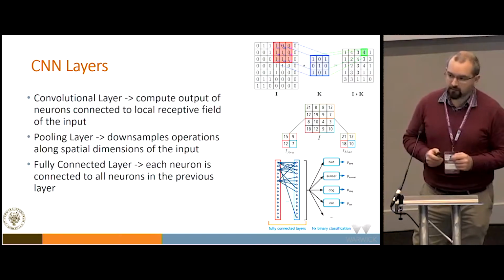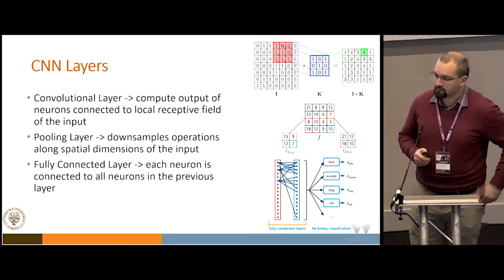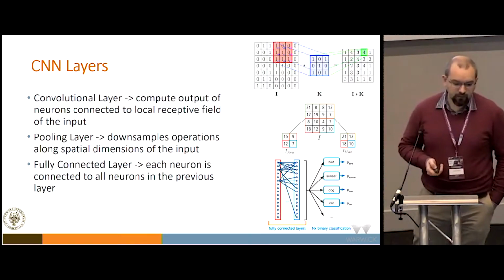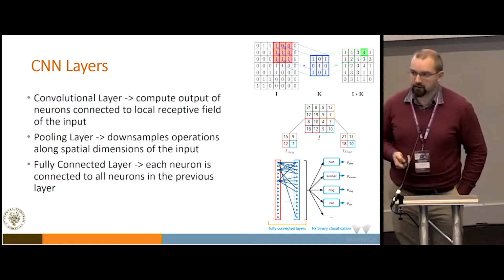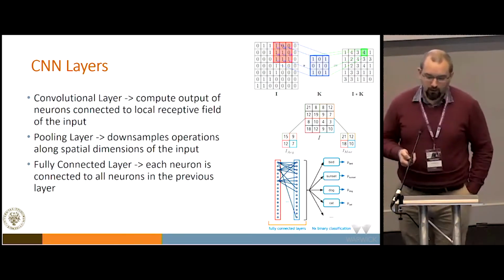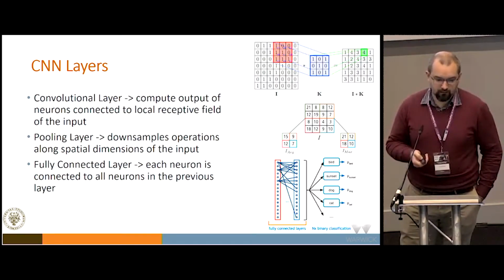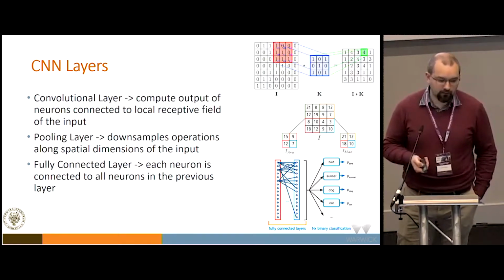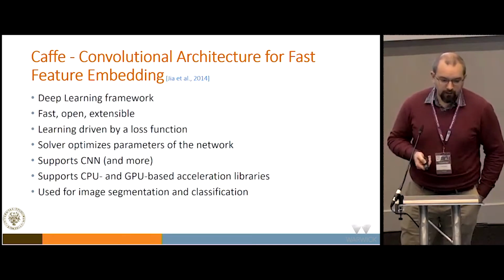The pooling layer is like an undersampling layer, and the fully connected layer connects all the results one to the other. These are normally used in combination, with a stratification of layers, which may make the network deeper and even more solid for our purposes.